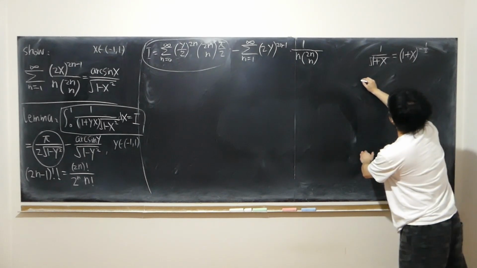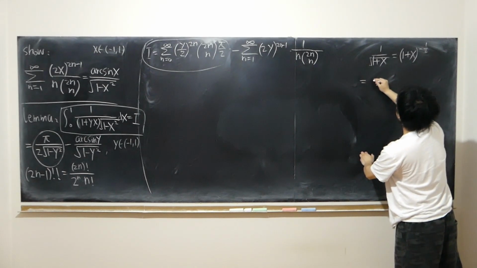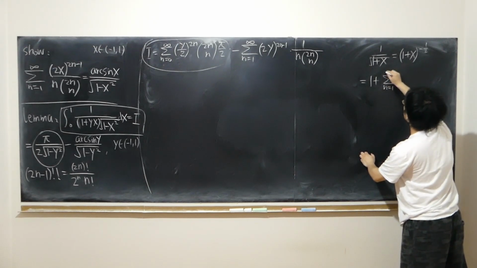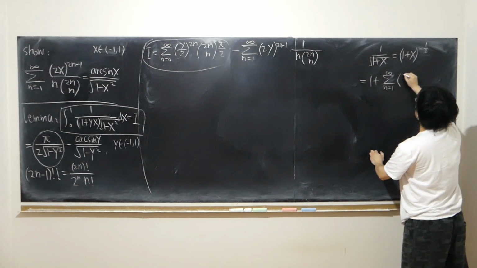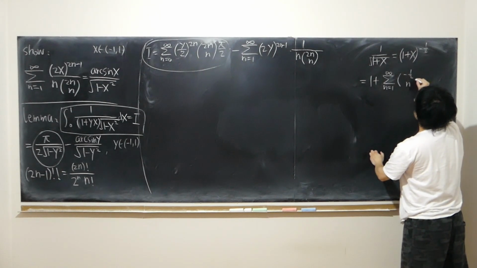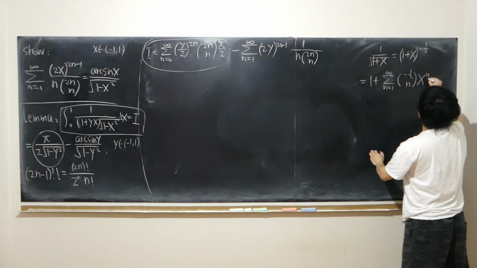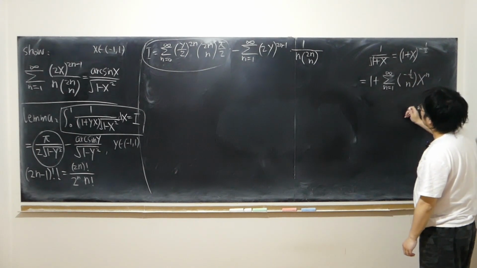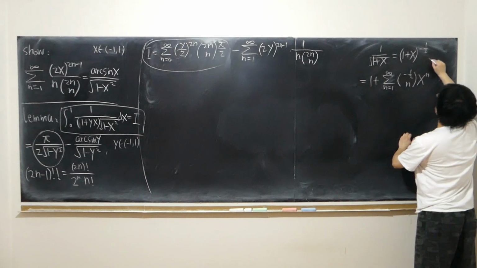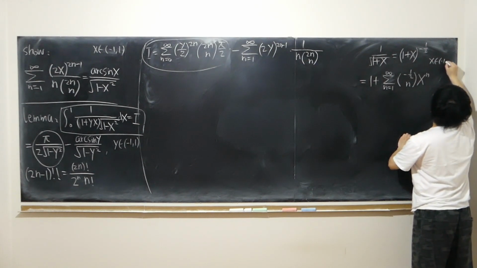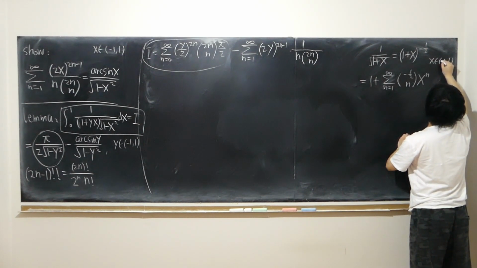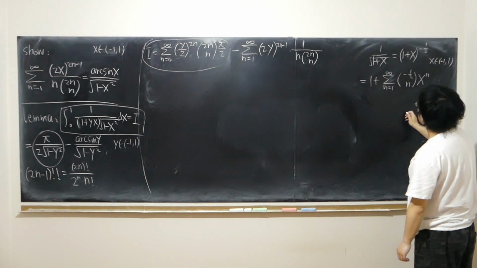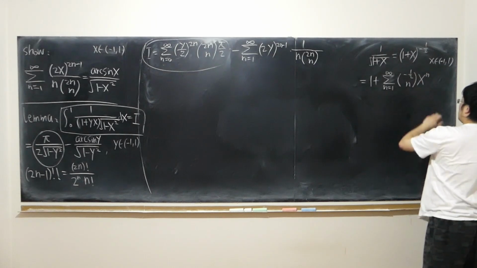That is equal to the sum, n goes from 0 to infinity, of negative half choose n times x to the power n. That's its power series, of course, within this domain.